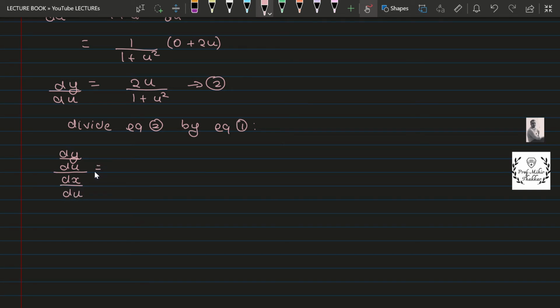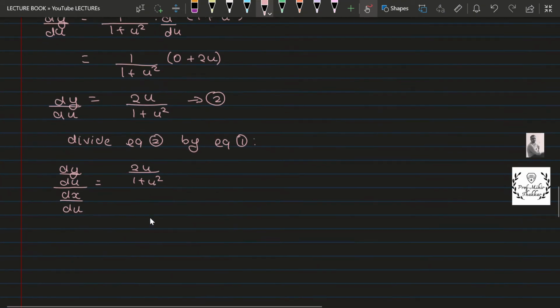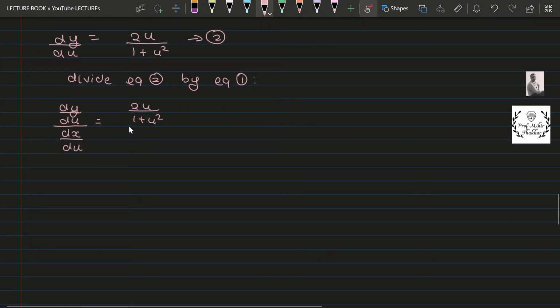So it is dy by du upon dx by du. So what is dy by du? It is 2u upon 1 plus u square. What is dx by du? It is u upon x. So guys, over here du and du element will get cancelled. u and u element will get cancelled.